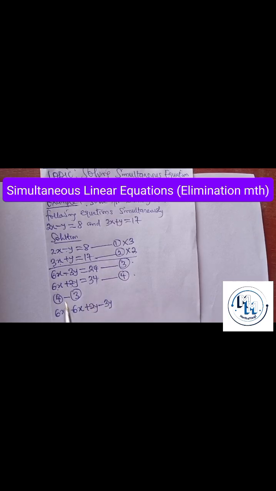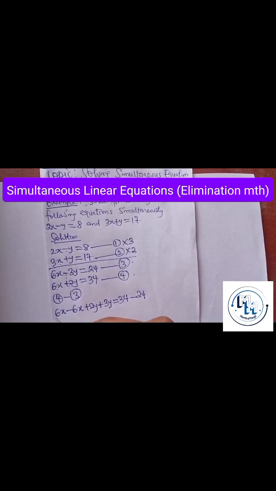Remember what we have here is minus 3y. So this is 2 minus minus 3, and minus times minus is plus. So I have plus here, equal to 34 minus 24.